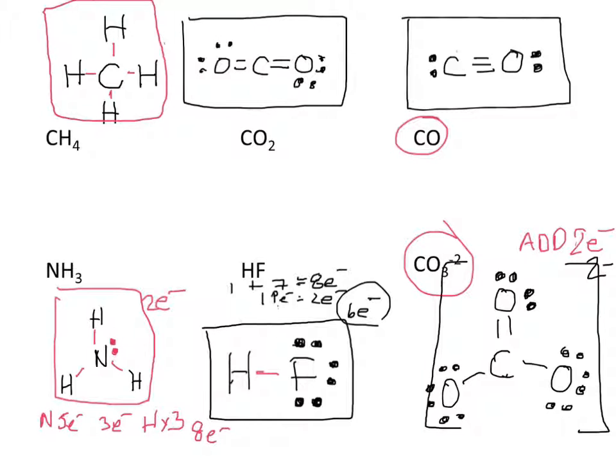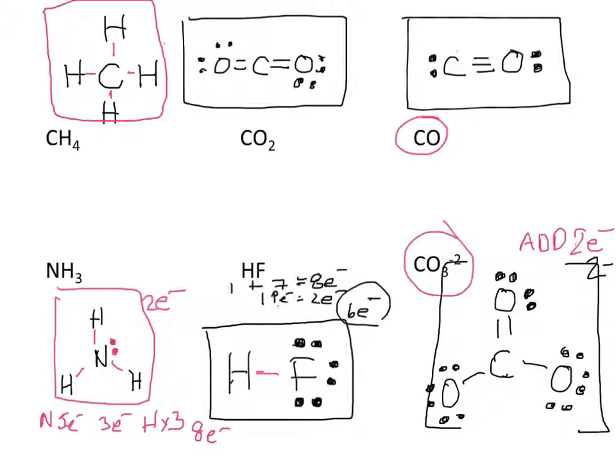And on the last problem, you had to add 2 electrons to your total valence electrons. Remember, it's the valence electrons that you brought in with each atom, plus any electrons that you either have to add or subtract. So you had to add 2 more. And when you do that, you need to accommodate for 18 electrons after you put down your 6 electrons for your bonding.